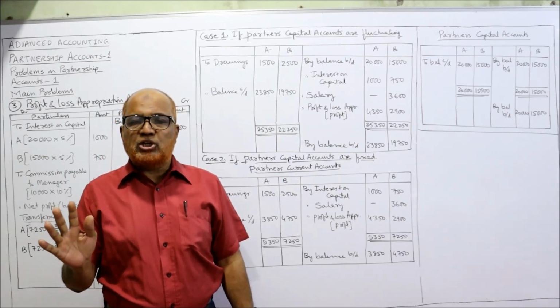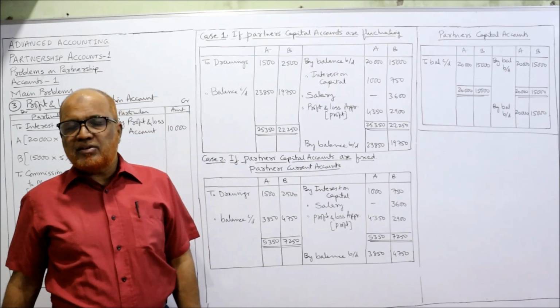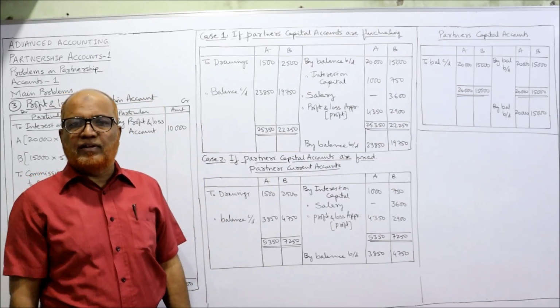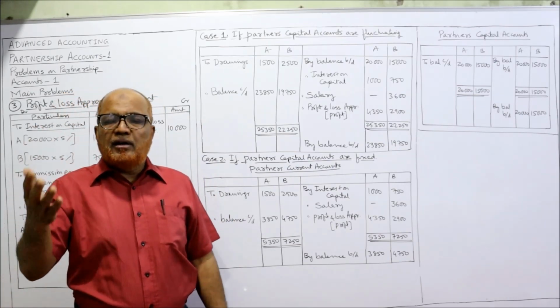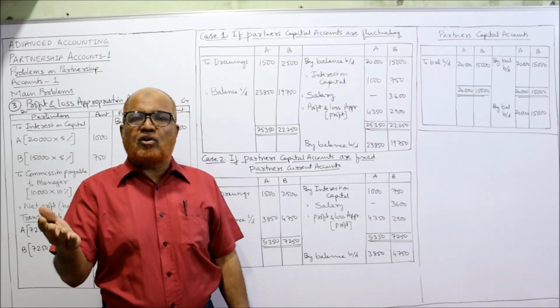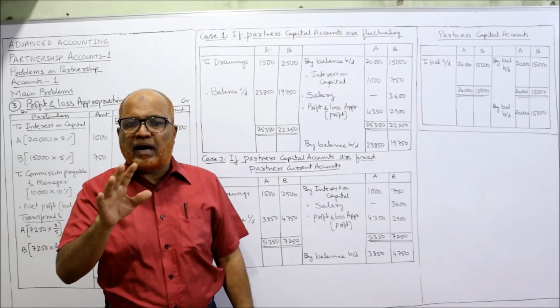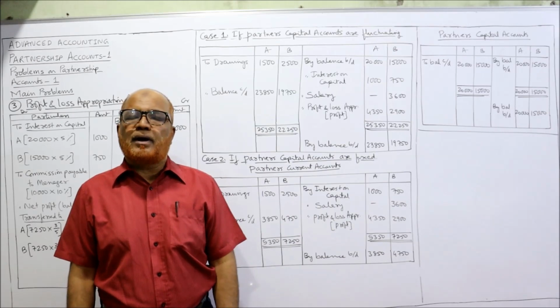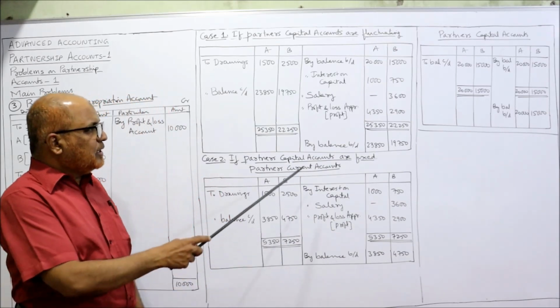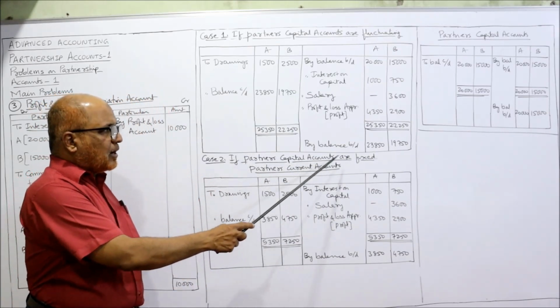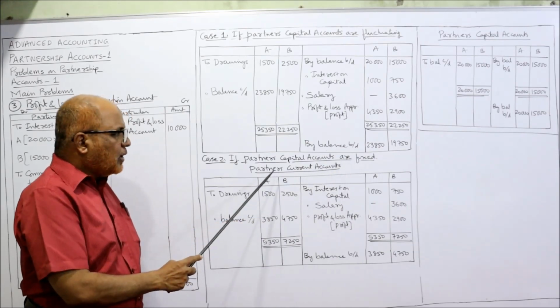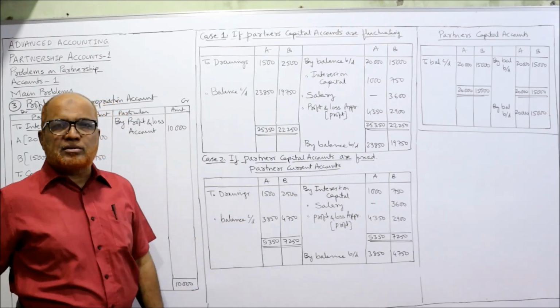They don't want to change. The capital will remain fixed from the beginning of the year till the end of the year. Then whatever adjustment, interest on capital, salary, share of profit, all these things will be adjusted in a new account of the partner called current account. So here, if partners' capital accounts are fixed, then we are going to make the partners' current account.